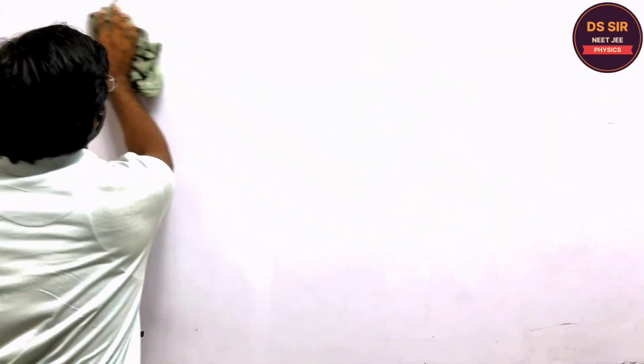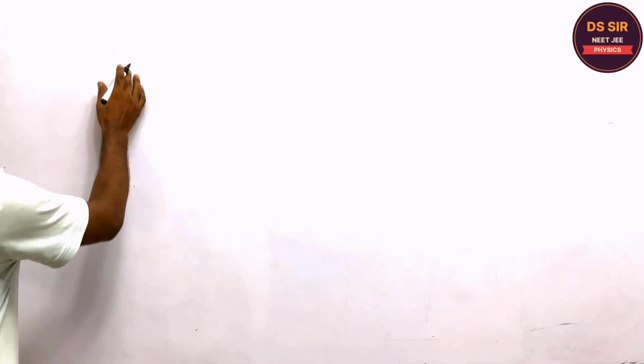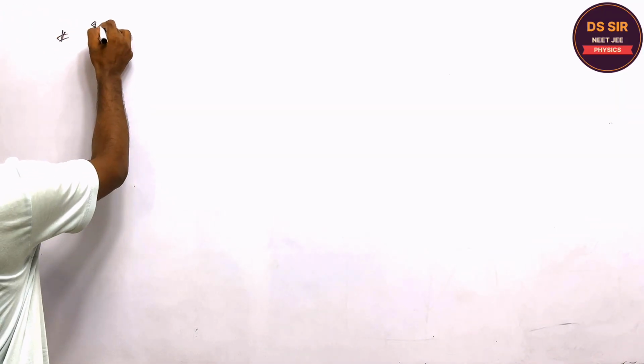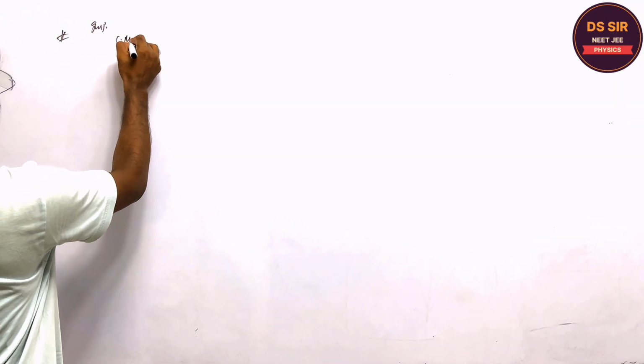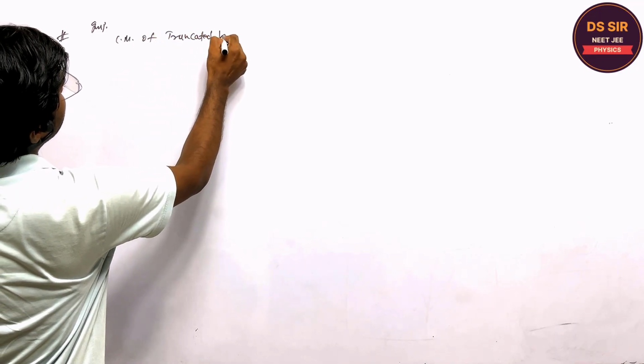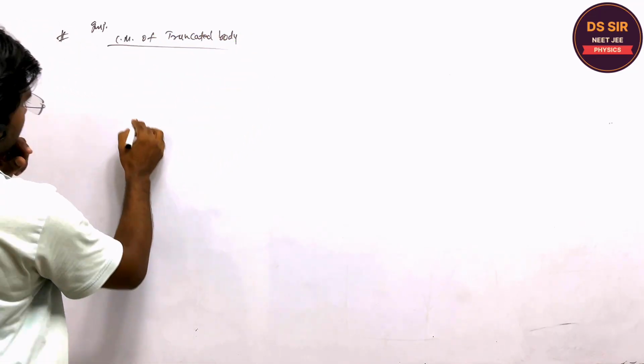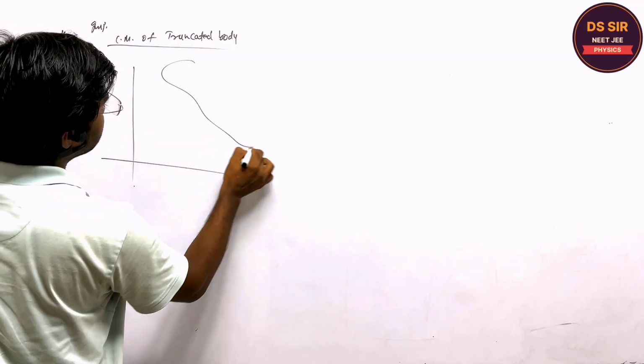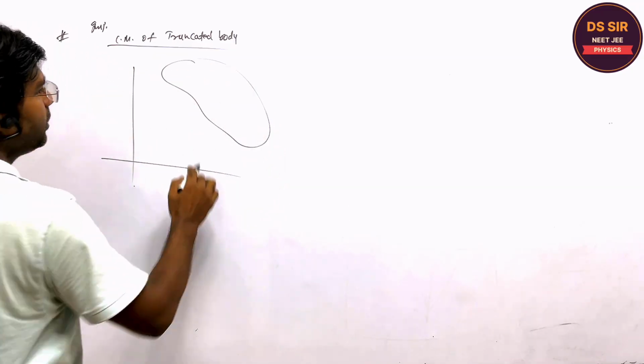topic in the solid body center of mass, and this is the truncated body. It is important. Center of mass of truncated body. Truncated body, what does it mean? I will explain this. Suppose there is a solid body. Are you getting or not?